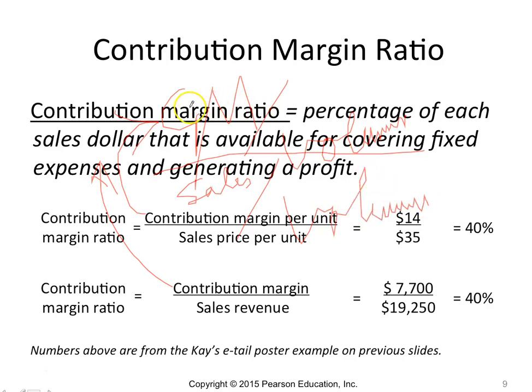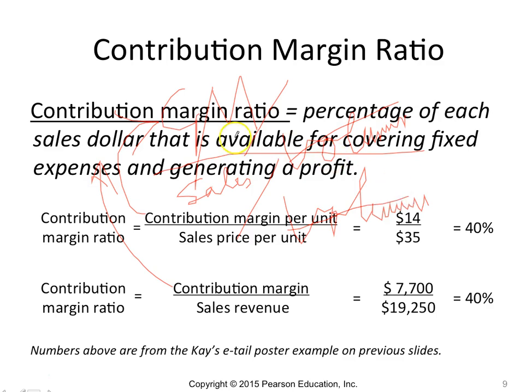So this is a contribution margin divided by volume, which is the contribution margin per unit. Sales divided by volume is the sales price per unit. Both of these are divided by the same value, so we can simply cross that out.